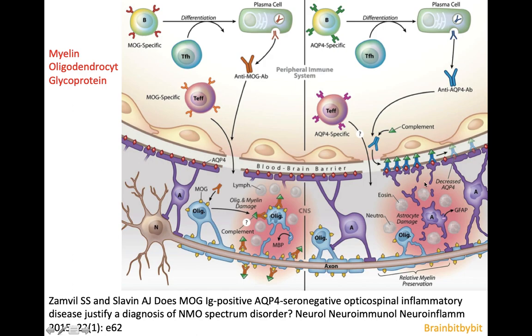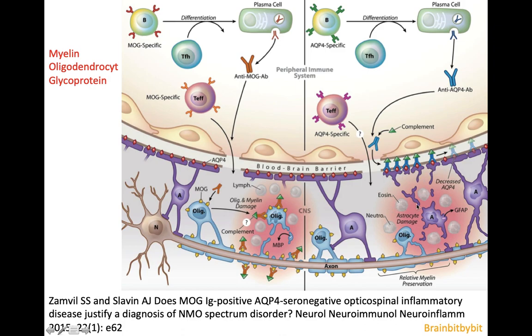And this is a drawing where you can see the aquaporin 4 antibodies in the capillary going through the endothelium into the brain and disrupting the astrocyte end feet and leading to the inflammation.